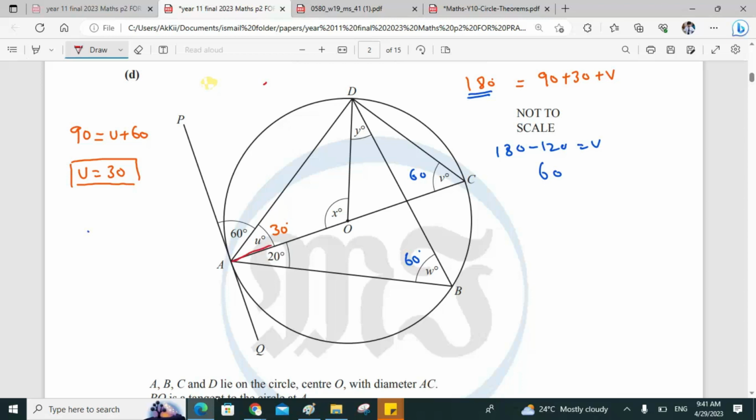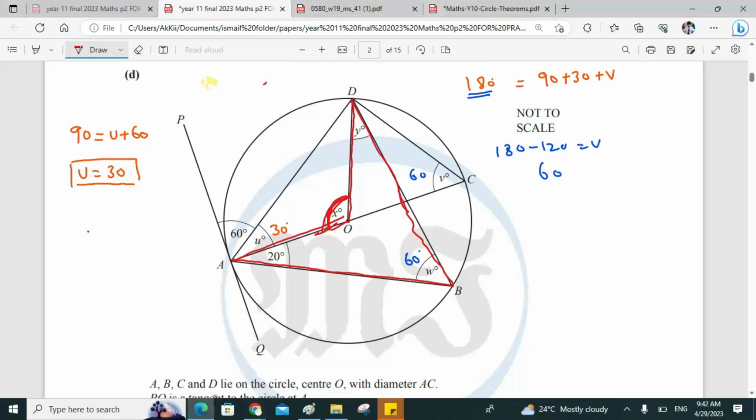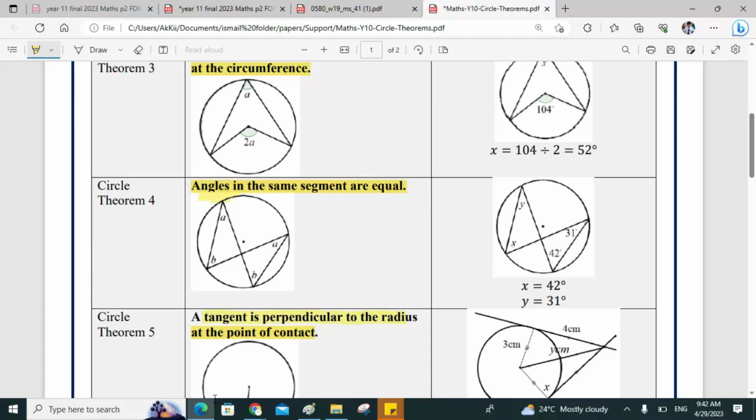See this angle, this one and this one. And the second one is this angle. If you look at this part of the circle, you can simply recognize which property this is referring to.